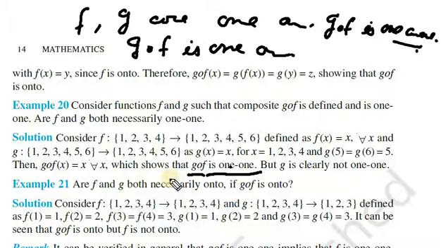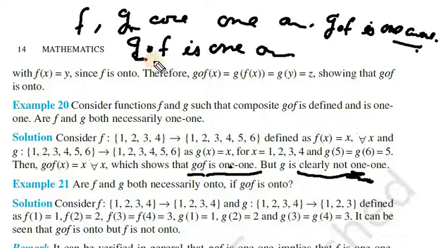But you can see that clearly g is not 1-1. So you can see that g of f may be 1-1 and g may not be 1-1. It is saying that if g of f is 1-1, we don't need g to be 1-1.